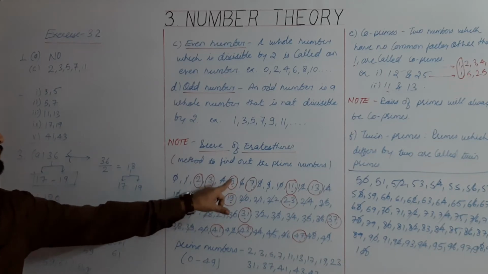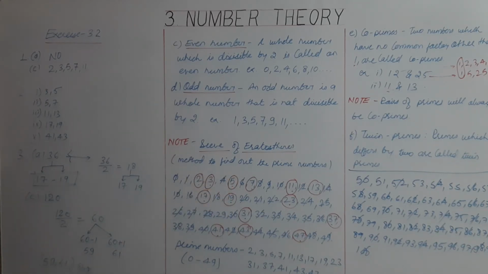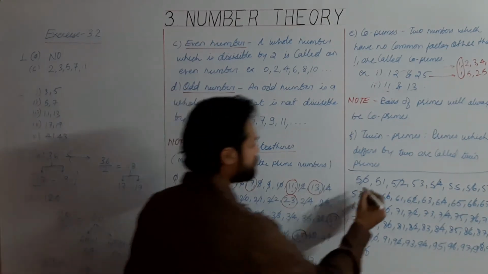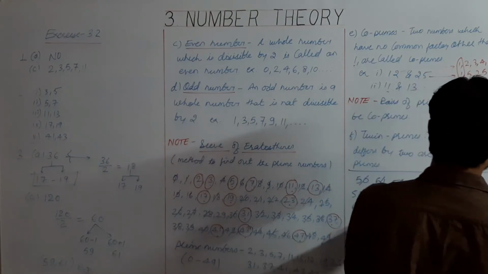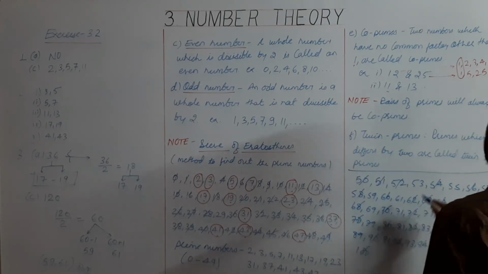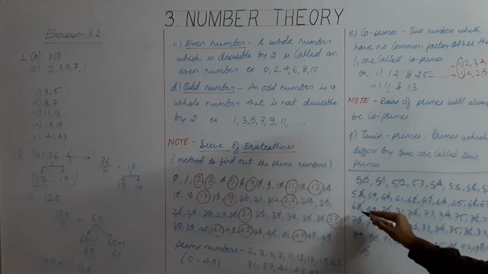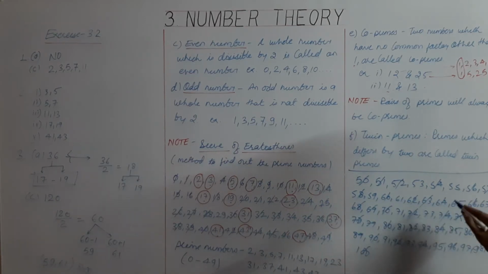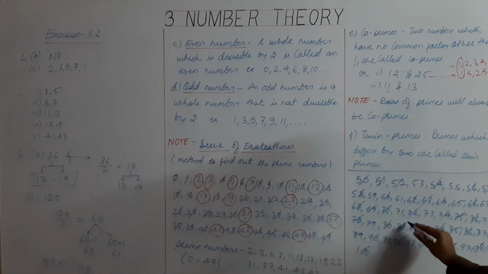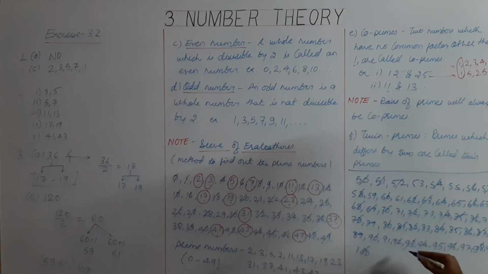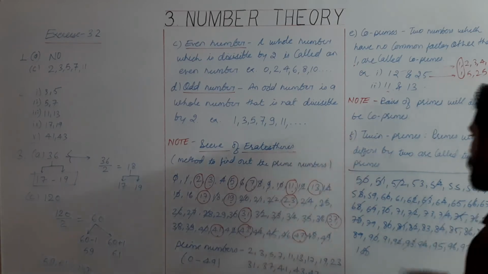So 3 and multiples of 3 after 49: 51, then 54, 57, 60, 63, 66, 69, 72, 75, 78, 81, 84, 87, 90, 93, 96, and 99.